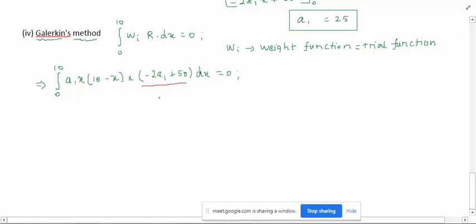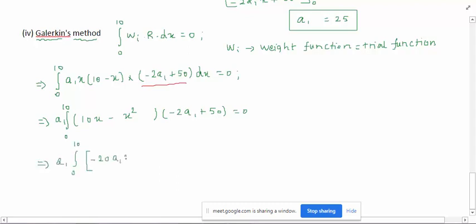So you have to multiply all these terms inside. Let me keep this 10x minus x square, with a1 outside. Now we have to integrate this, multiplying these two terms.